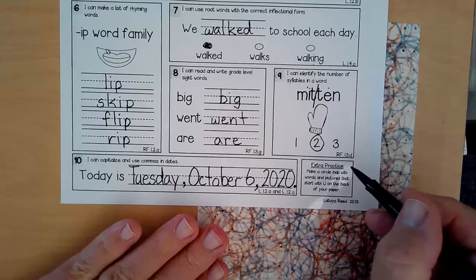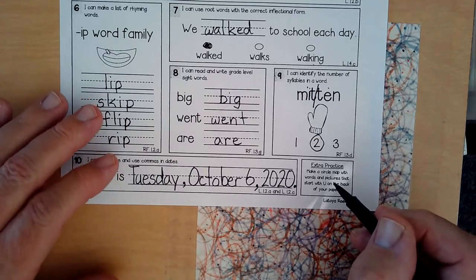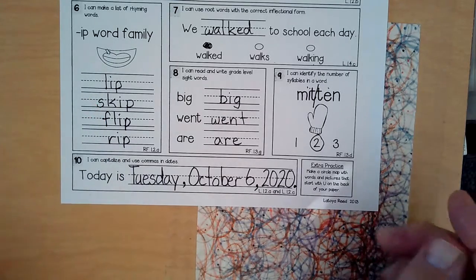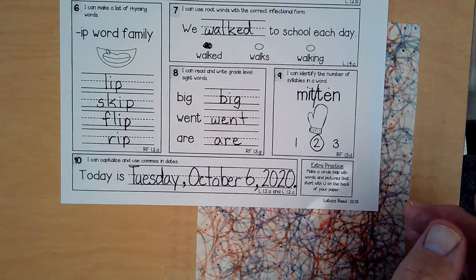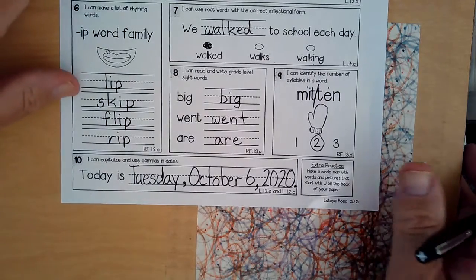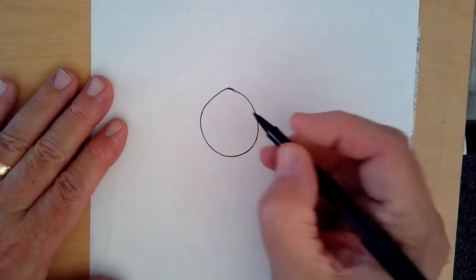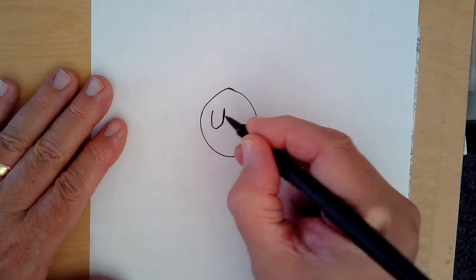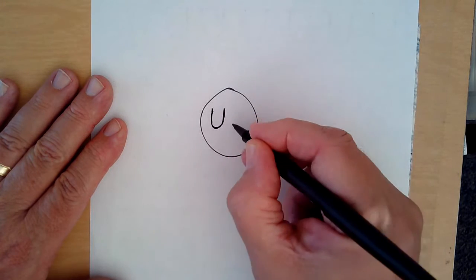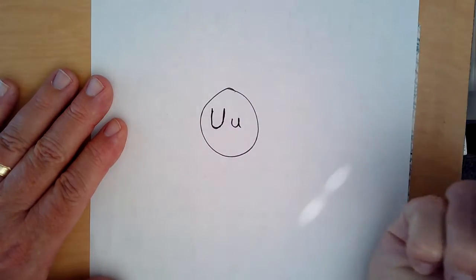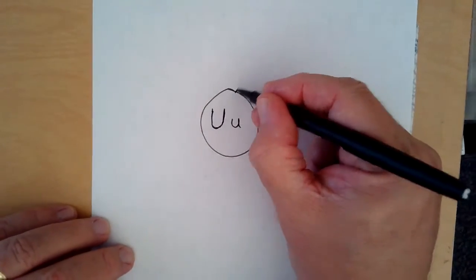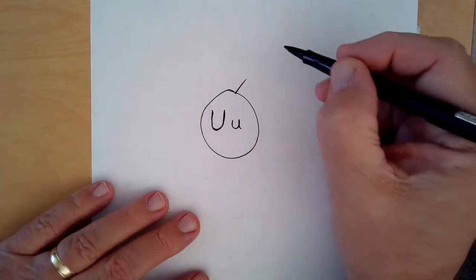Excellent. Extra practice. This is where you make a circle map on the back with pictures and words that begin with U. So I'll turn this over and I'll draw my circle. I make a U. Here's my capital U, and I'll make my lowercase u. And let's start up here.